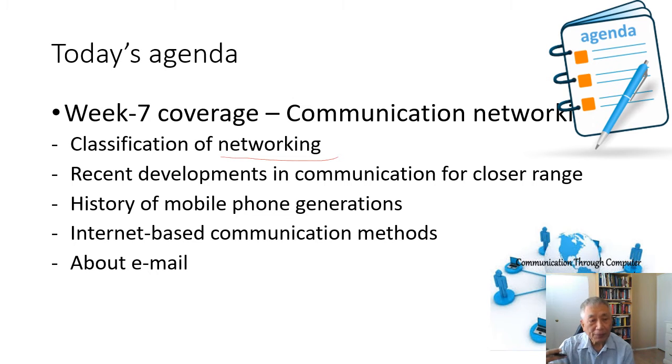Because of this fourth generation industrial revolution, we try to connect almost everything, super connectivity, including our body cells, into some kind of communication. So that classification, we'll look at it, including recent developments.